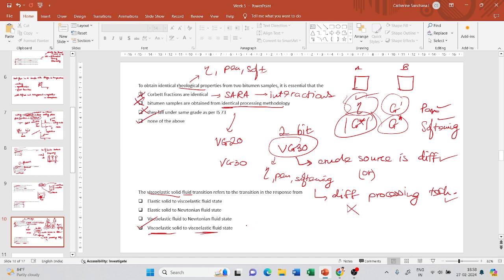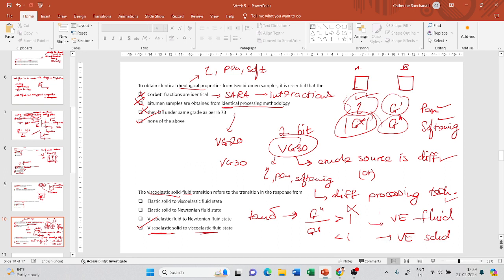It could be tan delta. What is tan delta? It is G double prime by G prime. If this is greater than 1, then it could be viscoelastic fluid. If it is less than 1, it is viscoelastic solid. Why do I say that? Here my G double prime, which is the loss component, if it is greater than the storage component, then my fluid characteristics dominate, right?